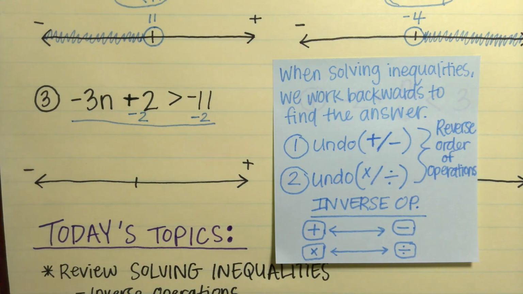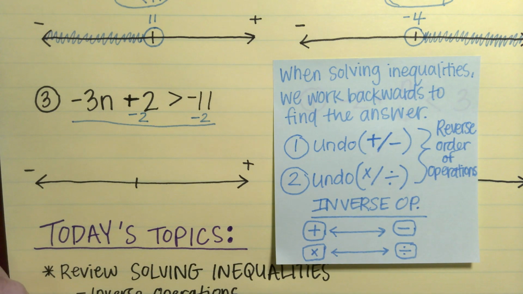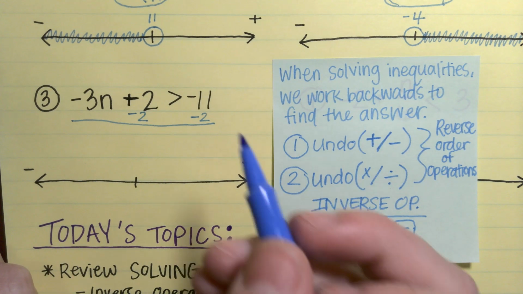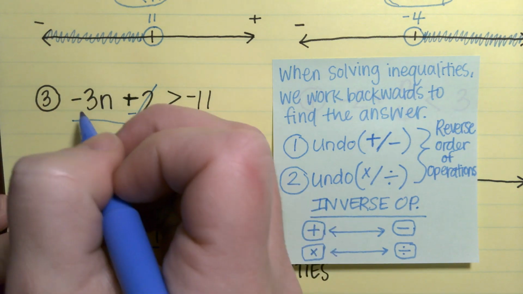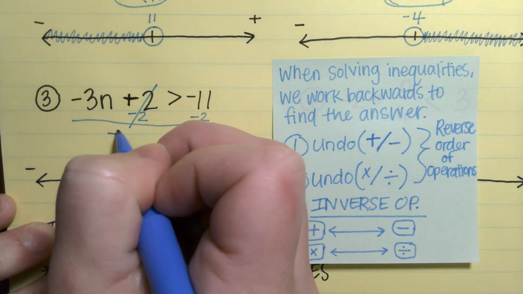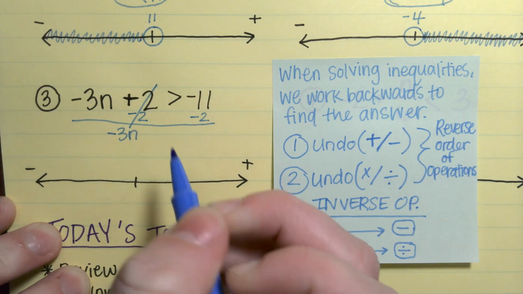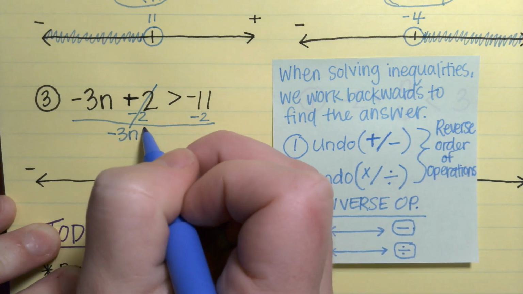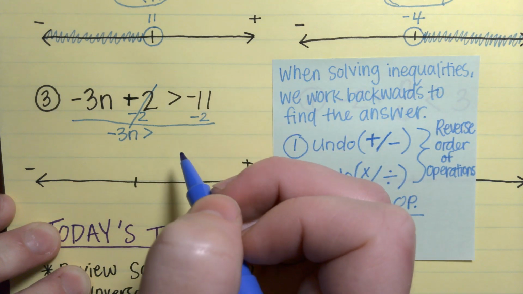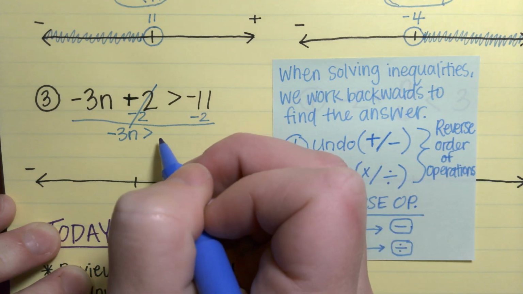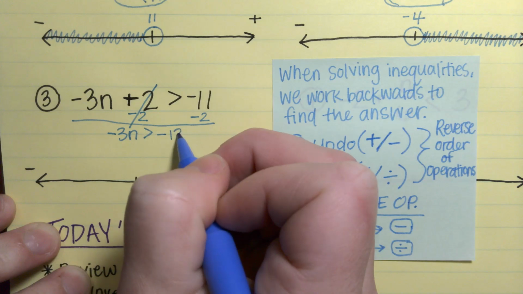There we go. All right, now what happens? My 2's are gone. And then what? Yes, I need to bring everything down. I still have negative 3 times n is greater than negative 11 minus 2. What's that? Negative 13.